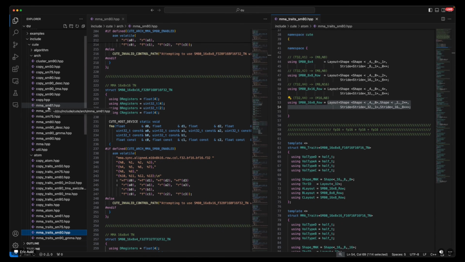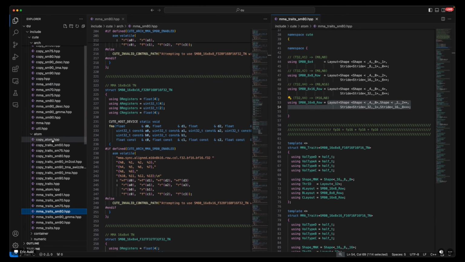I'm just going to put them in an array and iterate through them and run the test for each one, as opposed to if-defing some code and doing the loop in different ways. So these different layouts are a way of hopefully making declarative the layout of the threads and the data and how you're going to iterate over them and which one should be contiguous and which one shouldn't, if that makes sense.